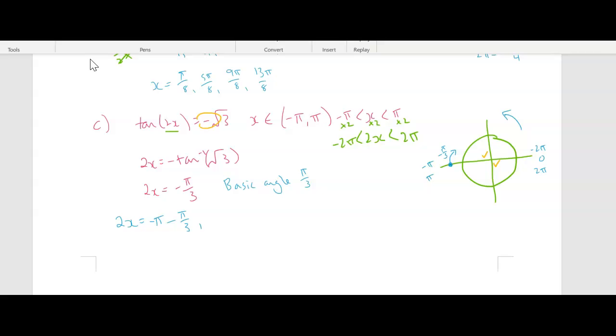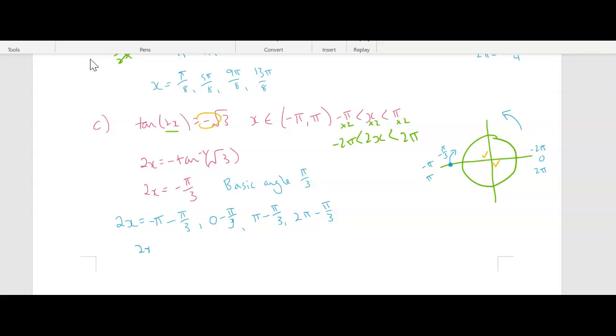Okay, our next solution is going to be in the fourth quadrant, so that's going to be 0 minus pi on 3, and you can see now we've got that negative pi on 3, and then we're at pi minus pi on 3, and then 2 pi minus pi on 3. And you'll notice the difference between them again is going to be pi because the quadrants are opposite each other.